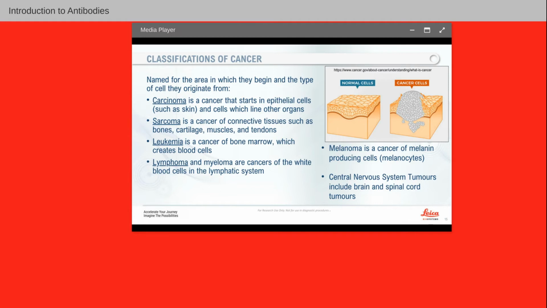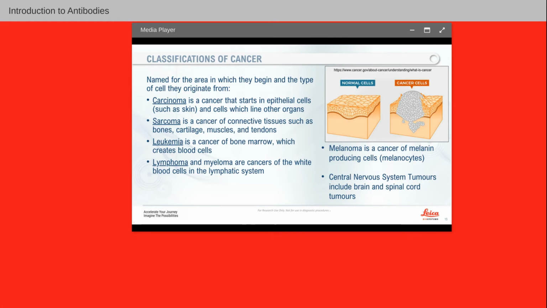You've got basal cells in the skin, the thyroid is epithelium, lungs, liver, colorectal cancers are all examples of carcinomas. And most cancers are carcinomas. Sarcomas occur in the tissues that are between the organs. So connective tissues such as muscle, tendons, and bones are classified as sarcomas.